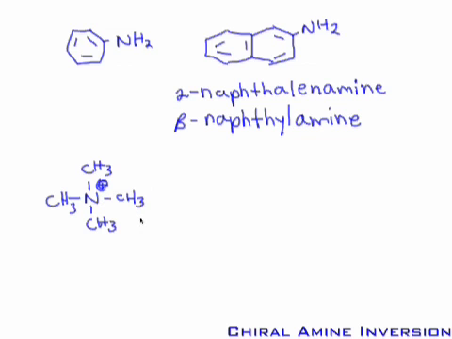Now we have to go way back to first semester if we want to understand some of the structural features of an amine. Amines have trivalent nitrogen atoms. They have a lone pair of electrons, and counting the lone pair, they can be chiral.